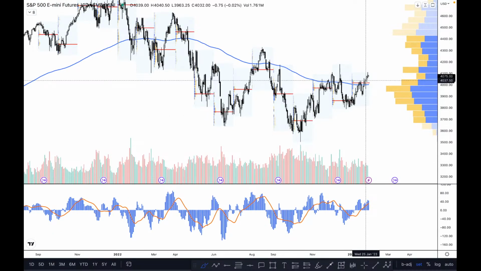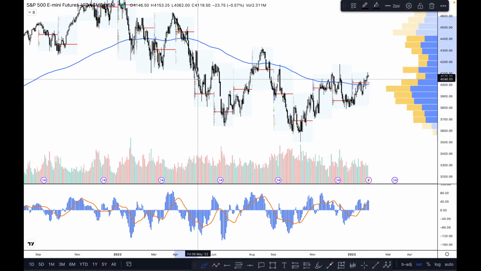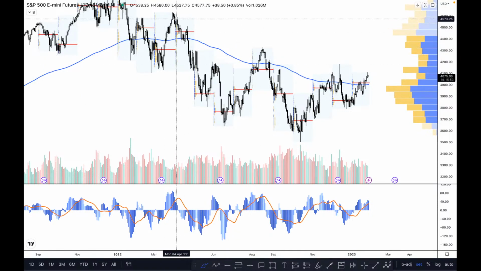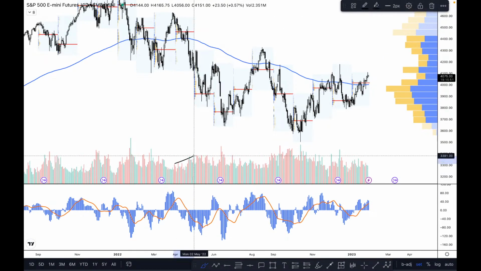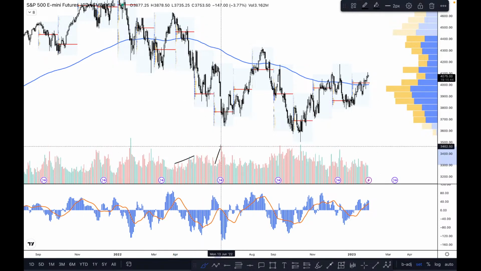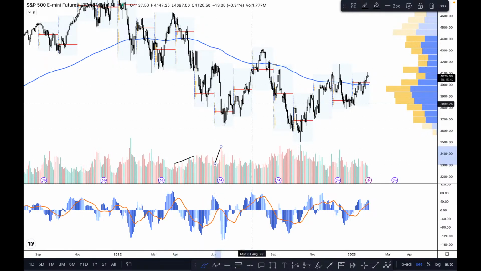There's not really demand, but every time the market rallied up, it put in supply signatures. It made a rally up here, and supply came in heavy on the move down. It made a rally up here, and then supply came in really heavy.